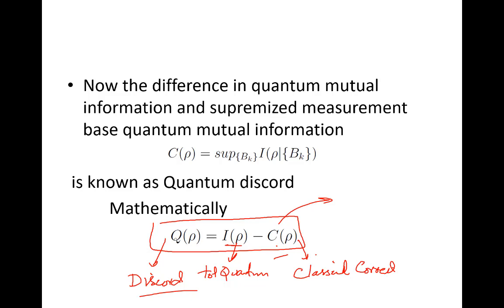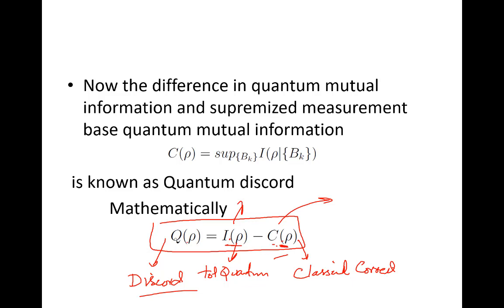Means in a quantum system there are two kinds of information: quantum information and classical information. So in I of rho, it possesses all the information, and minus C of rho will give you classical correlation. C of rho will give you the information left after making measurement. If you make the difference, then this difference is called quantum discord.